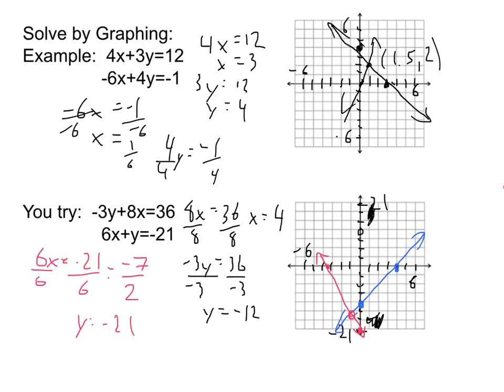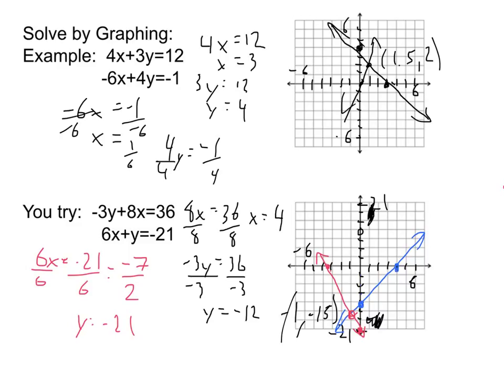So if I was to guess with this one, I would say that looks like they cross at negative 1, comma, let's see, negative 15. That would be my guess. The actual answer for this one is really ugly.